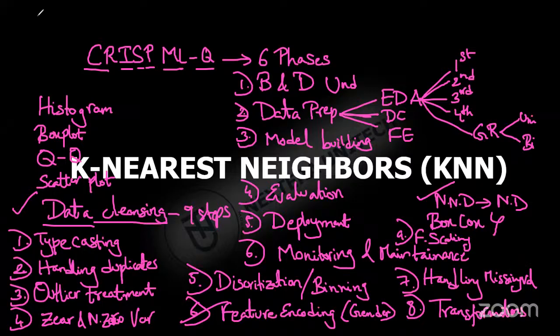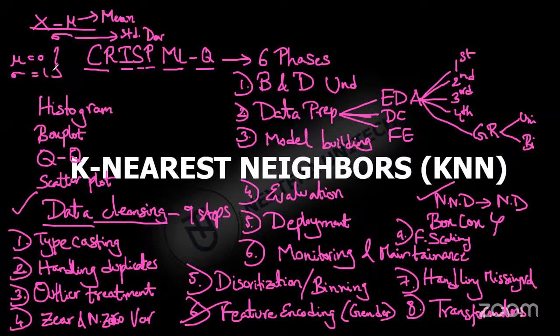Standardization uses the formula (x minus mu) by sigma, where mu represents mean and sigma represents standard deviation. This formula returns mean as 0 and standard deviation as 1 for all the columns after applying standardization.